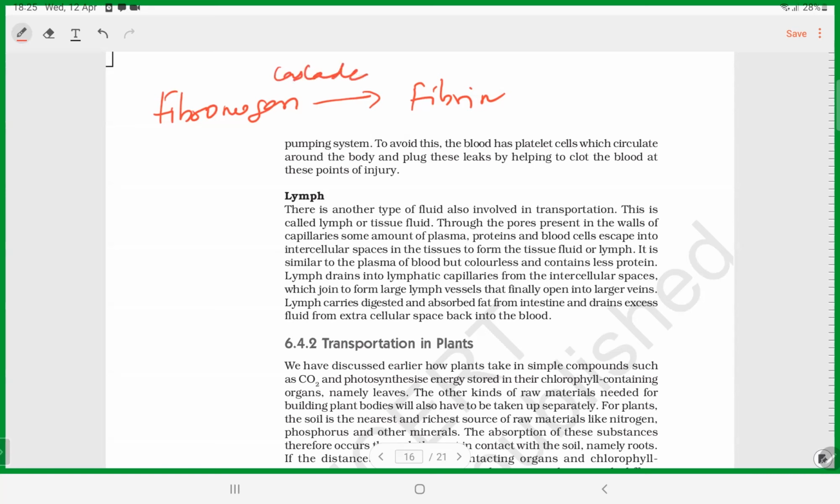Series of processes. If injury occurs, fibrinogen is converted into fibrin. So for this, platelets play a crucial role, and then fibrin is attached with the platelets. Thus, leakage in the blood vessel is prevented. So blood clotting prevents leaking of blood.